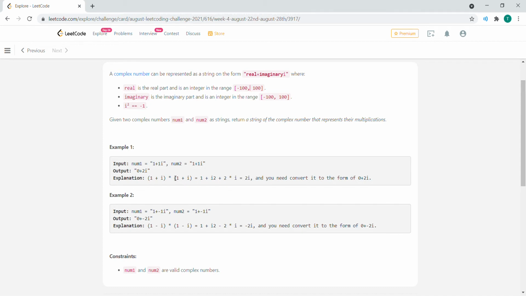1 times 1, you get 1. 1 times i, you get i, plus i times 1 again, right? Then you get i times i, which is i squared.